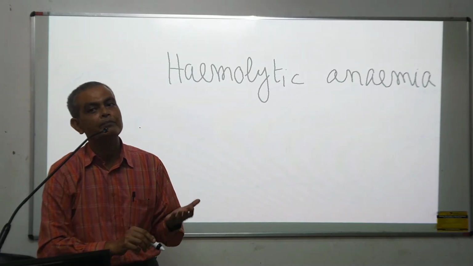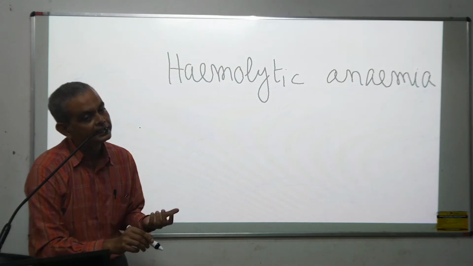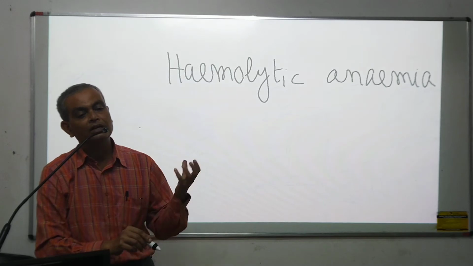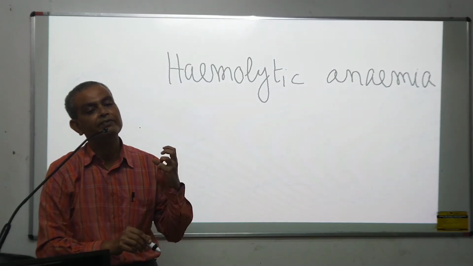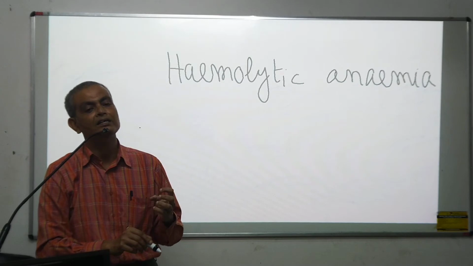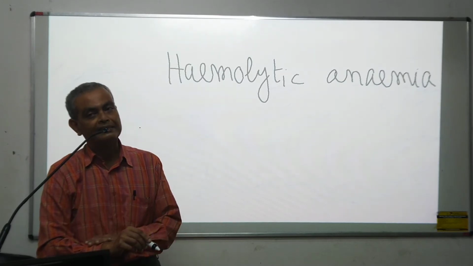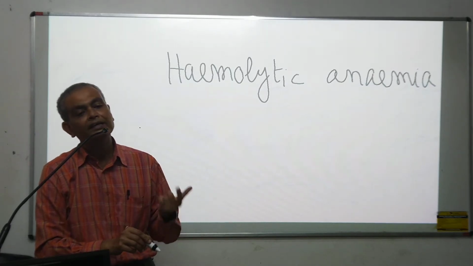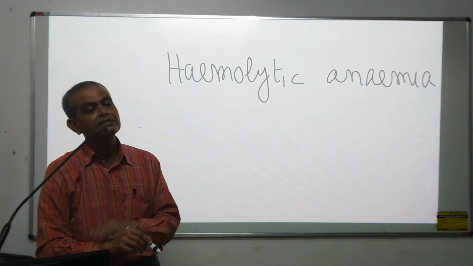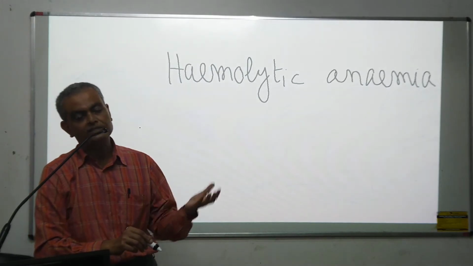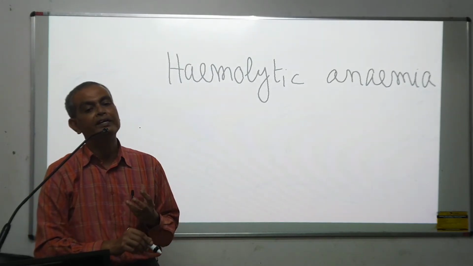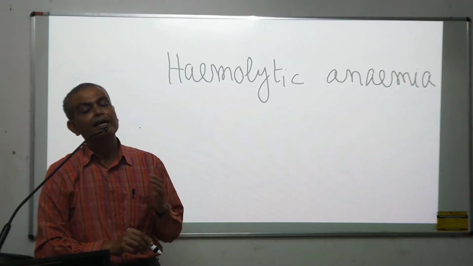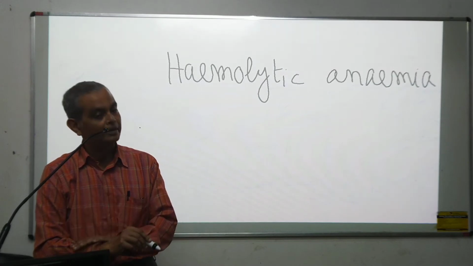Intracorpuscular defects are predominantly congenital, whereas extracorpuscular defects are predominantly acquired. The commonest intracorpuscular defects can be different congenital anemias like thalassemias, hemoglobinopathies, different enzyme deficiencies, or abnormality in the cell membrane. Whereas the extracorpuscular defects can be antibody mediated, traumatic, a result of infection, or a result of different toxins and chemicals.